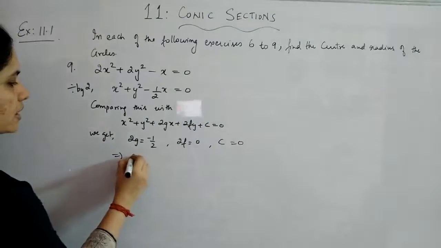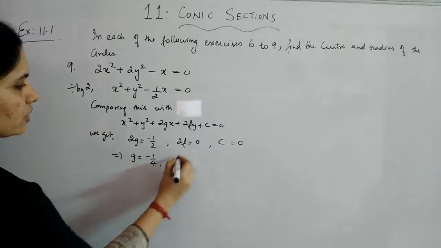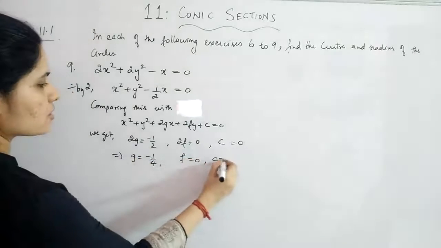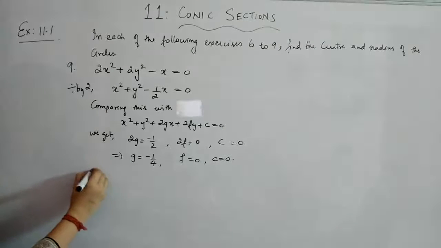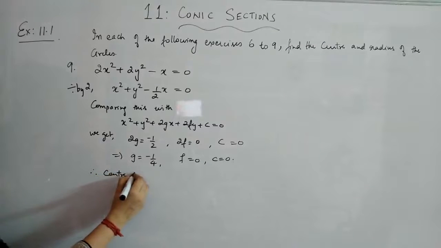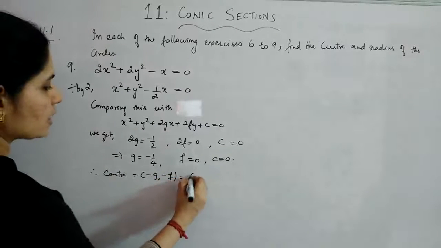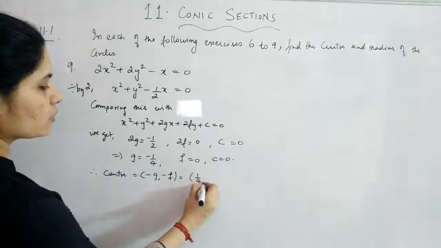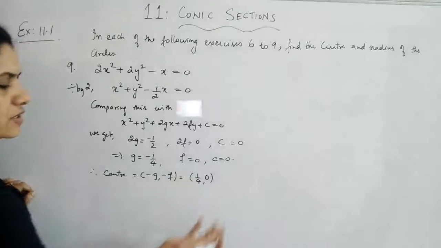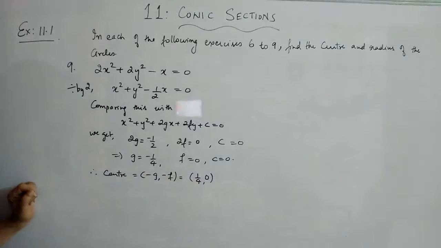So from here you will get g is equal to minus 1 by 4, f is 0 and c is also 0. Therefore, the center will be minus g comma minus f, which will give you minus of minus 1 by 4, which is 1 by 4, comma f is 0, so minus f is also 0. So the center is 1 by 4 comma 0.